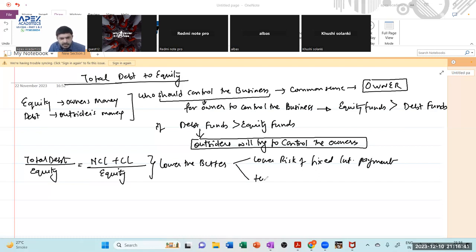And second, higher control and autonomy of the owners of the company. Agreed or disagreed? Do you agree with my statements?